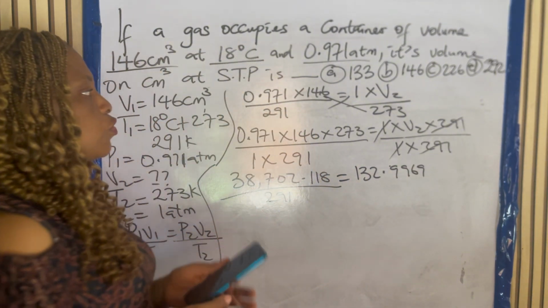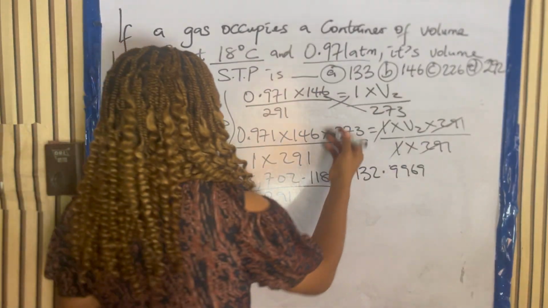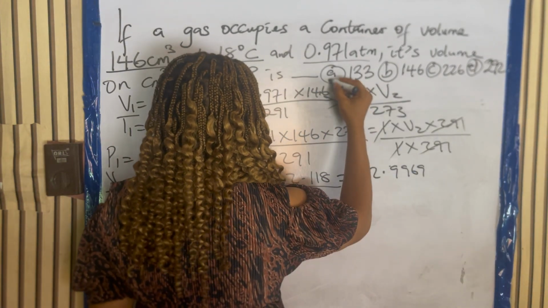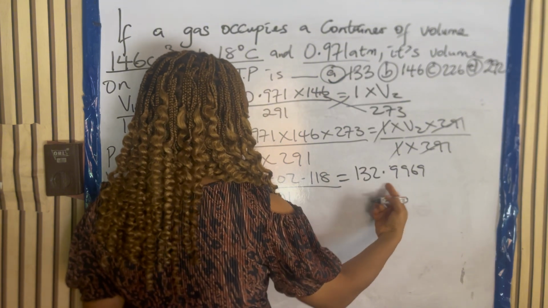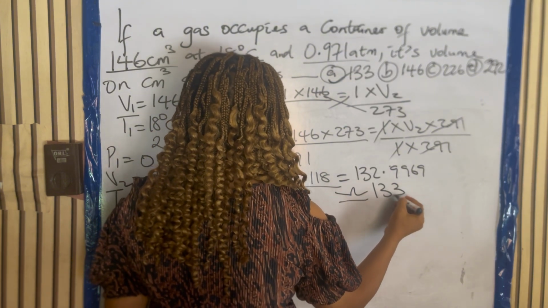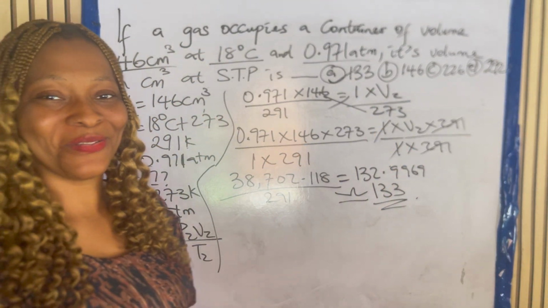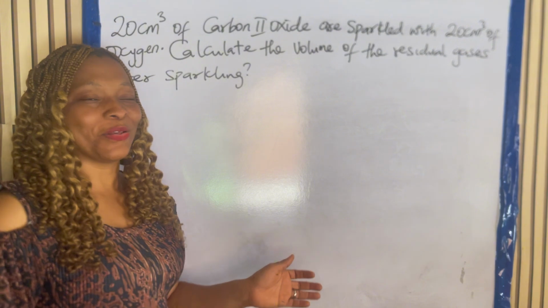So from the options we were given here, what do you think will be the answer? The answer is 133, because you are going to approximate. That's the answer. Isn't that simple? Let's look at another question.